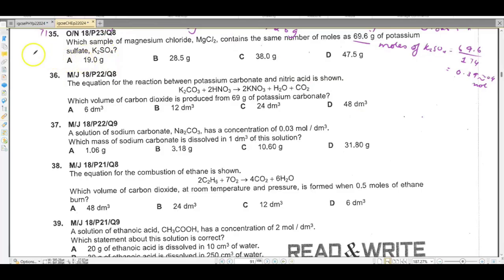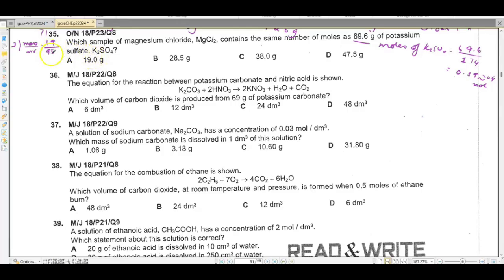Once we have the moles of K2SO4, we can simply find and see what happens. First sample is 19 grams of MgCl2. So what we are going to do is find its moles. The formula is going to be mass by Mr. So mass is 19 grams and the Mr for MgCl2 is 95.